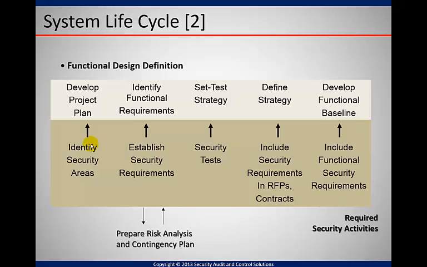Business will set a test strategy, and we will define from a security point of view all the tests that we have to do. Business will define a strategy, and we will, in line with business, include security requirements in the RFP and the contracts. The developers will develop a functional baseline, and from a security point of view, we will include functional security requirements as part of their development.